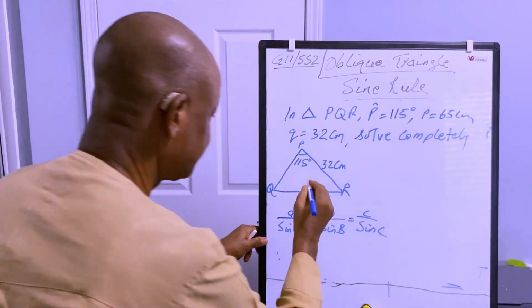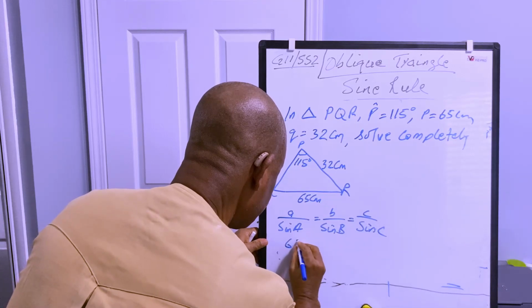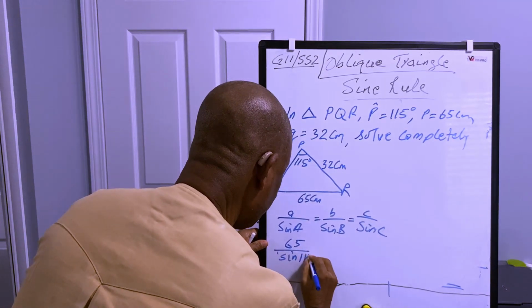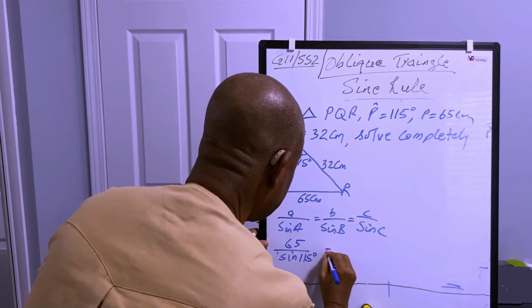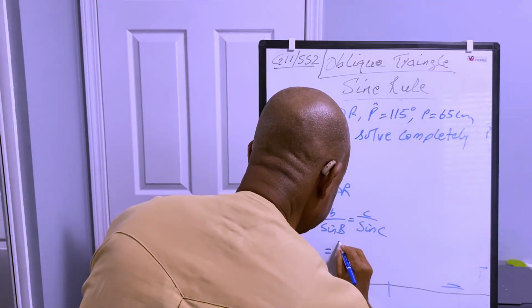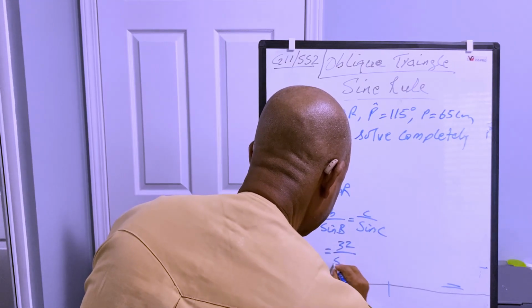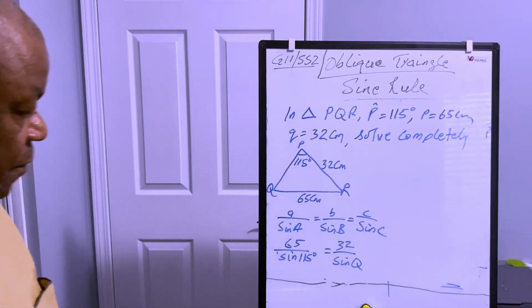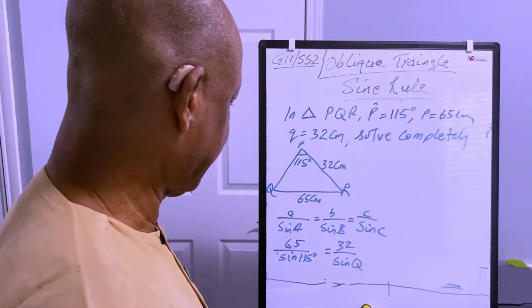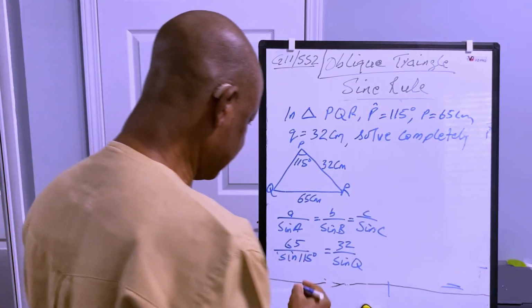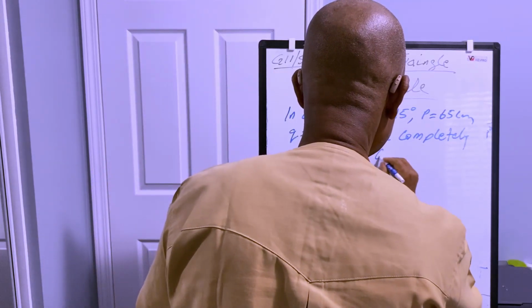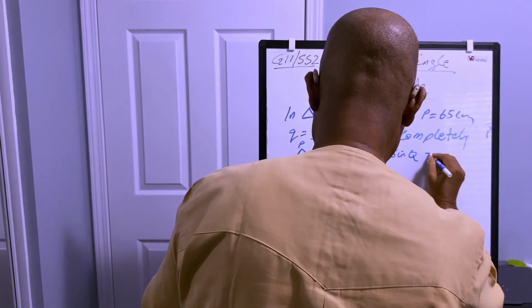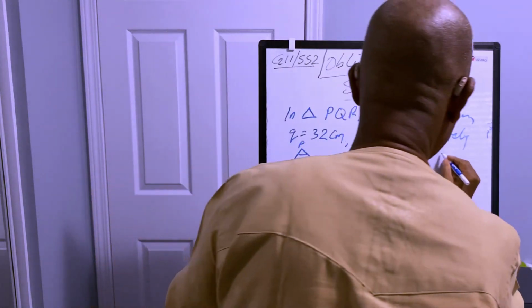We have 65 over sine 115 degrees, and that is equal to 32 over sine Q. We cross multiply. We now have 65 sine Q is equal to 32 sine 115 degrees.